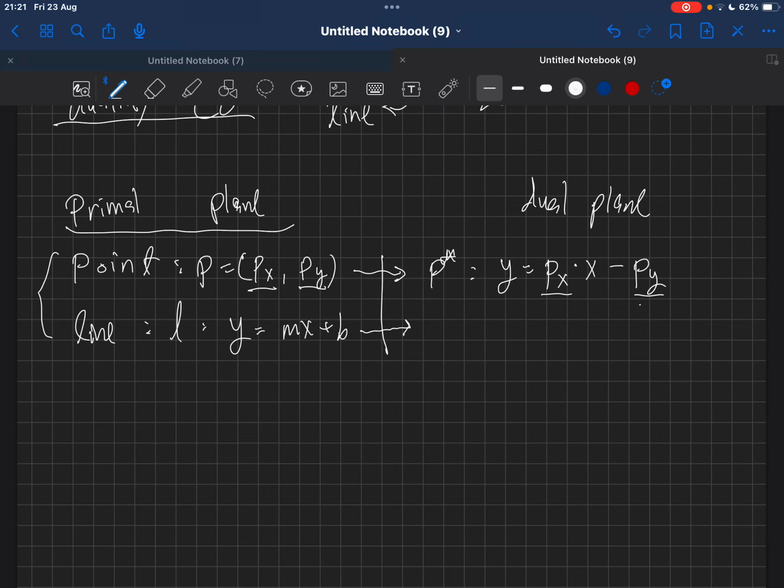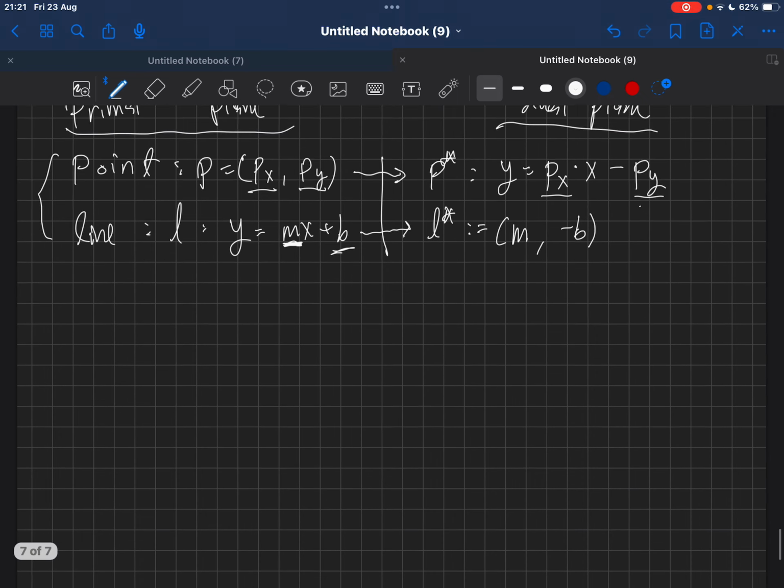Now this line will be translated to a point which I will call L tag in the dual plane, which will be defined as m and minus b. Okay, so this is the translation between the dual plane and the primal plane.